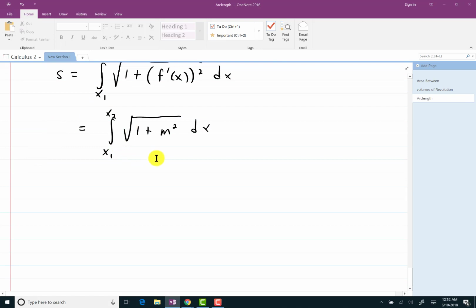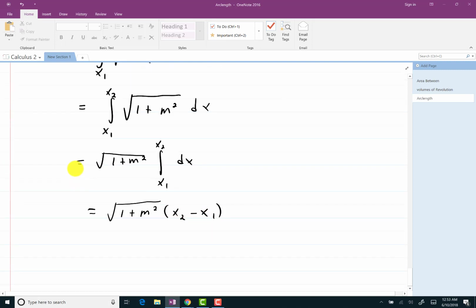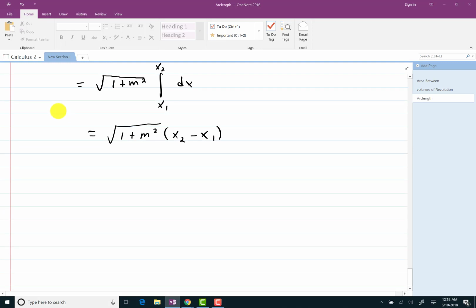Well, this is just a number. m is constant for a line, so I can bring that out front. And of course, this then is just going to be x2 minus x1. So I end up with the square root of 1 plus m squared times x2 minus x1. All right. Well then, let's go back to the original thing itself.